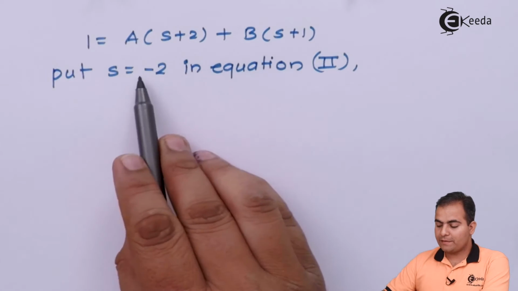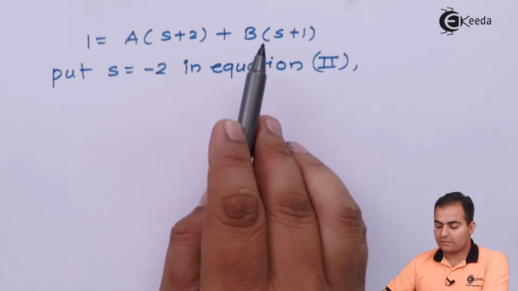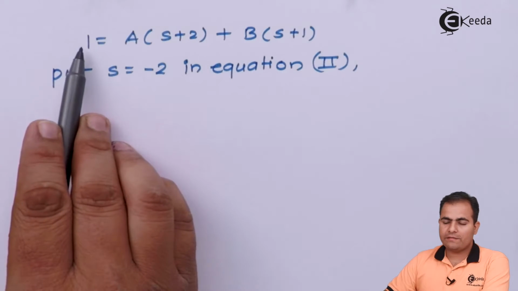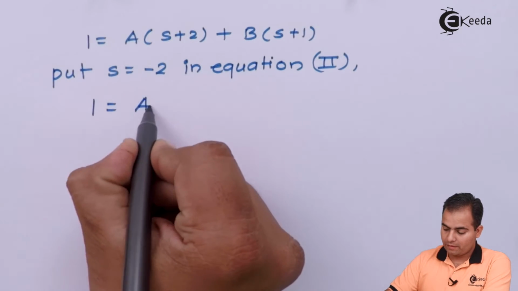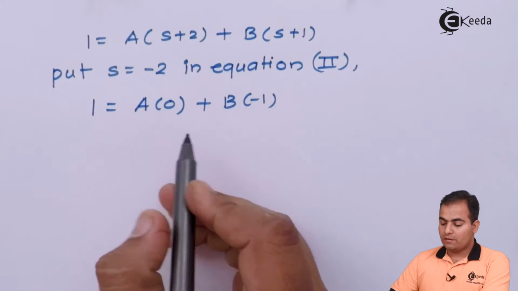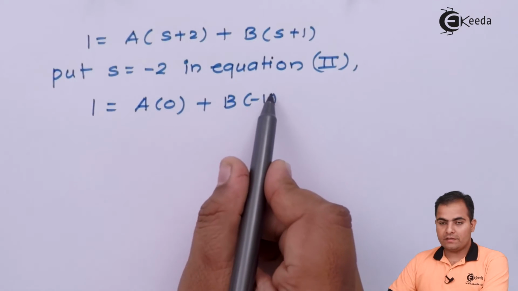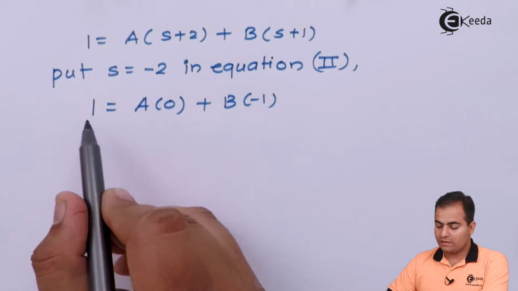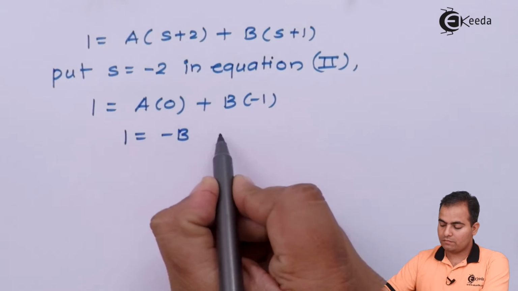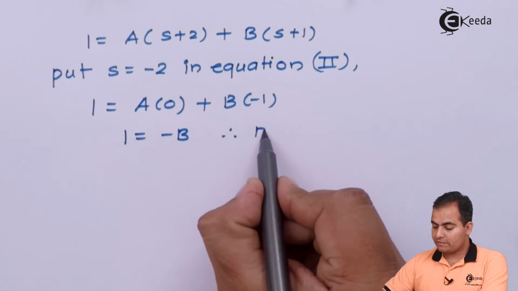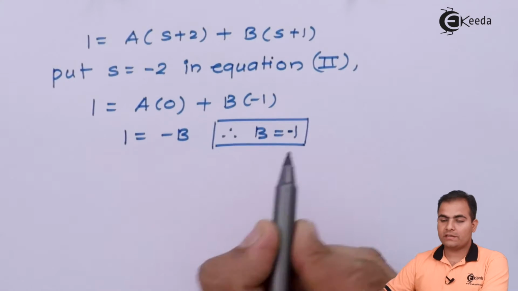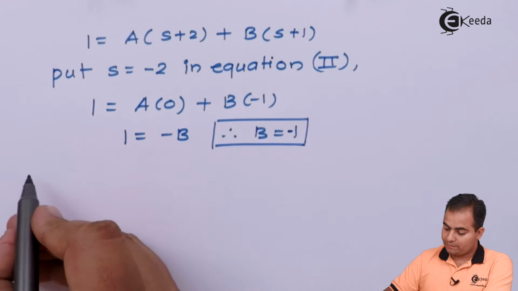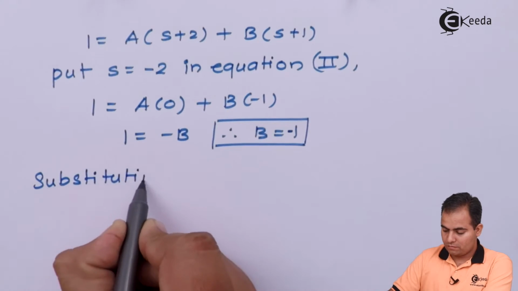But here this s is replaced by minus 2, so minus 2 plus 1 will give us minus 1, which means we have minus 1 multiplied with B, and on the left hand side we have only 1. So what we will get? B is multiplied with minus 1, and 0 into A is 0, and 1 is there. So we can say that my B value is minus 1. Now substitute all the values of A and B in equation number 1.